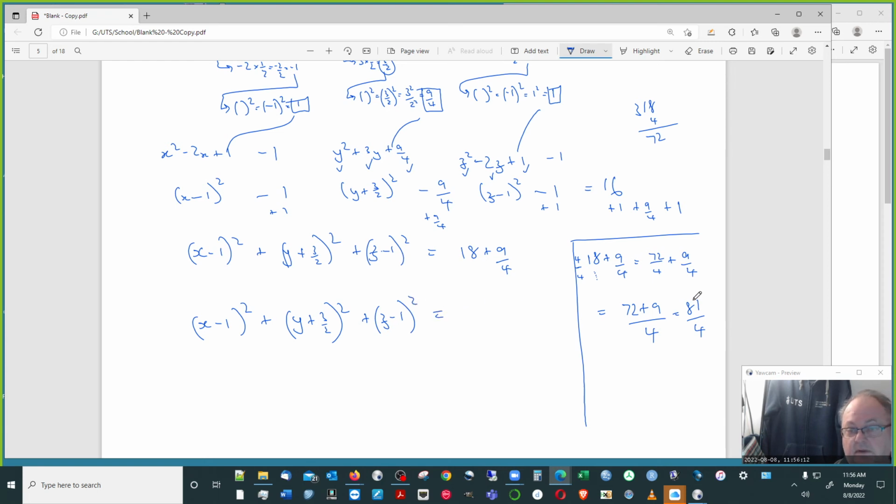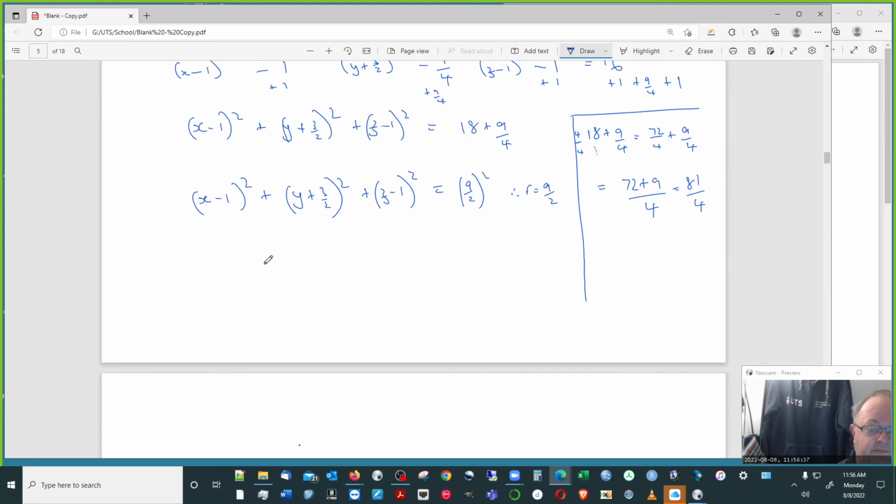Okay, and 81 on 4 is 9 on 2 squared. The reason I'm doing that is because that's the radius. It's not correct to say that 81 on 4 is the radius. Remember, that's your square.